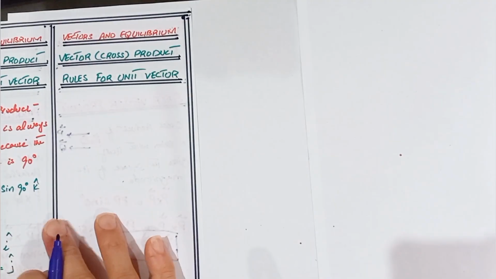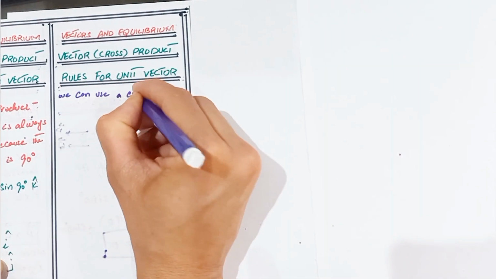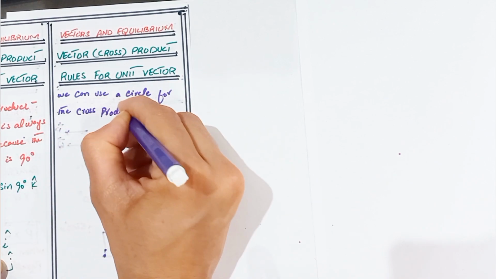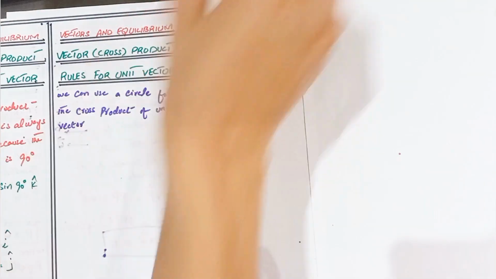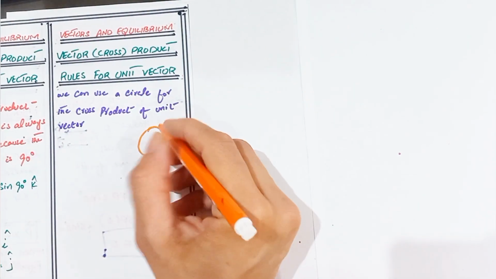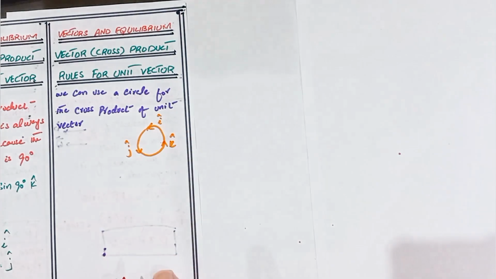Now for the cross product of the unit vectors, we can use a circle. Here we draw the circle. Here we take I unit vector, j unit vector, and k unit vector.